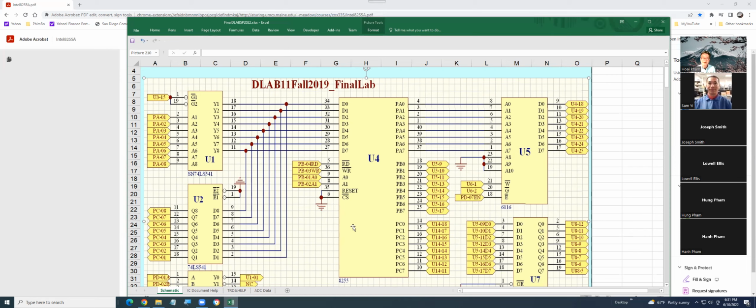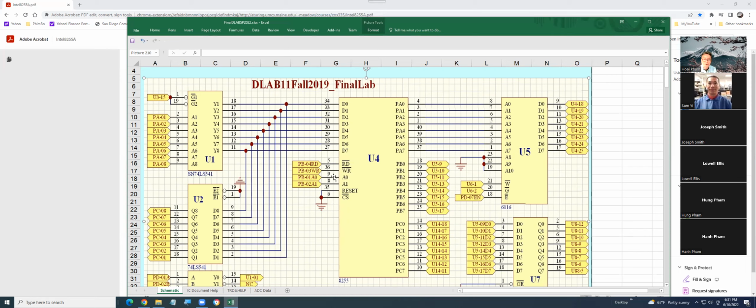Now, if you want to write data to port A, then read must be 1 and write must be 0, and it will do the same thing.